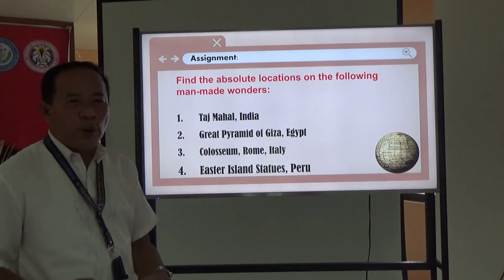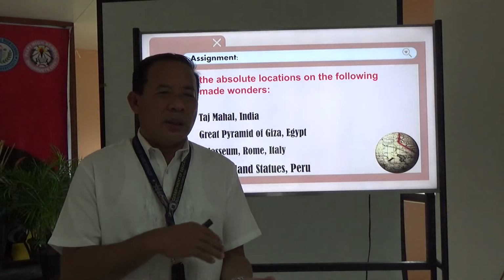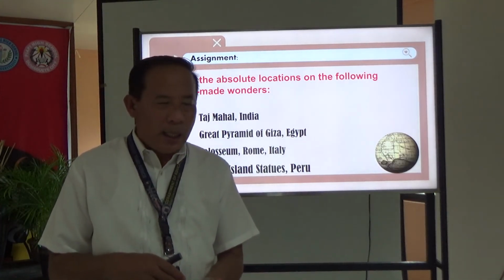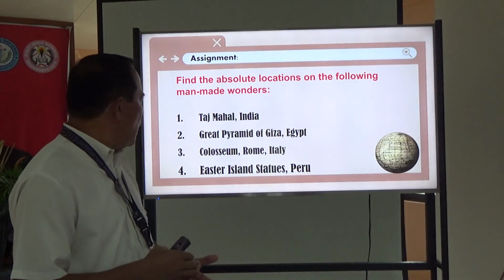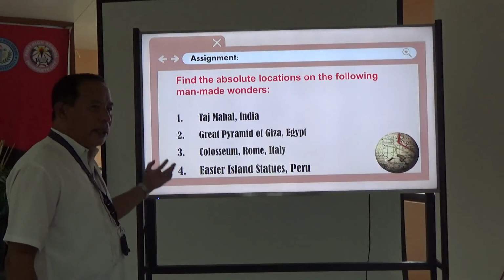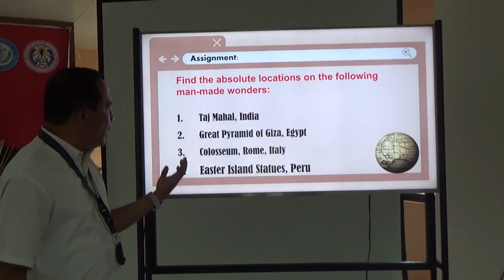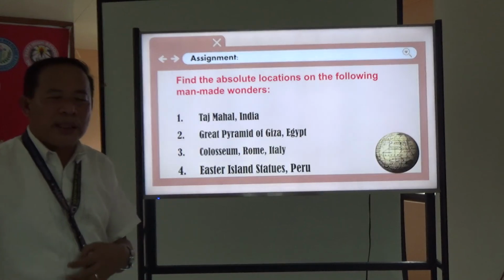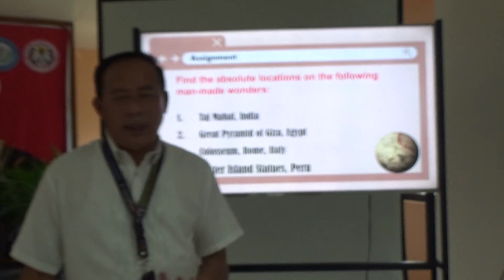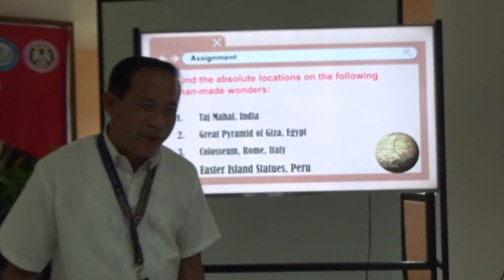You will have to locate them with your map so that you can place the correct coordinates of the Taj Mahal and the rest of the man-made wonders here. In the next discussion, we will discuss their beauty and how they were amazingly done by the early people, and are until now considered to be the heritage and treasure of the world.